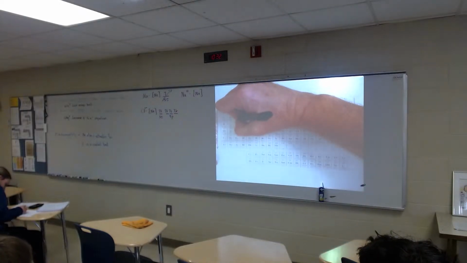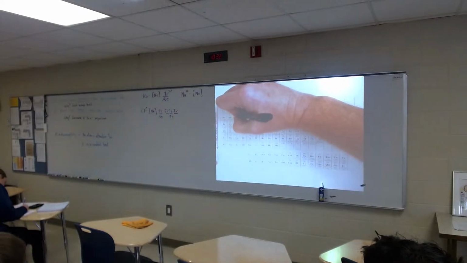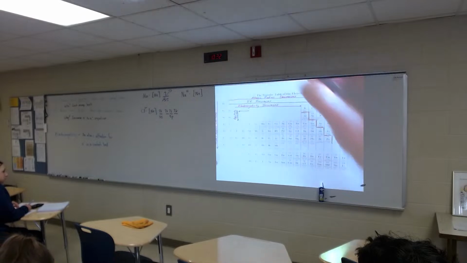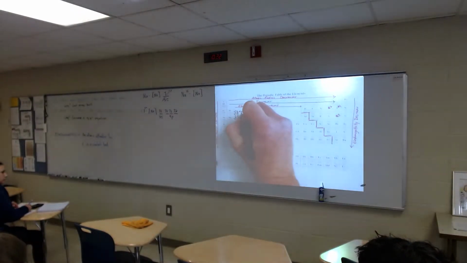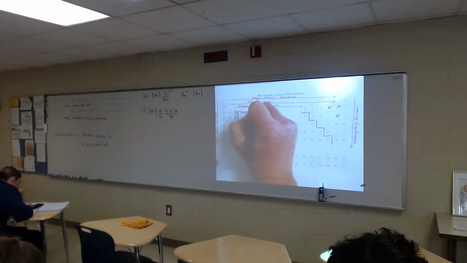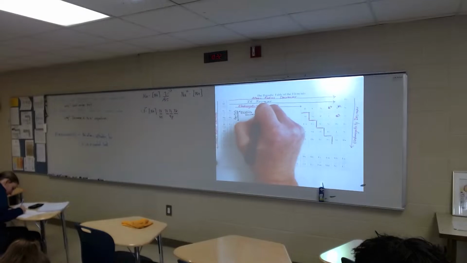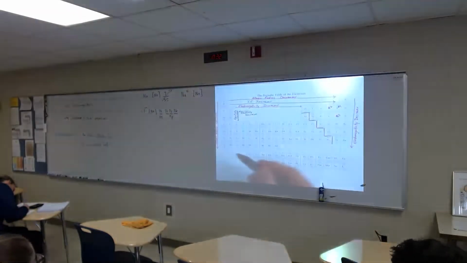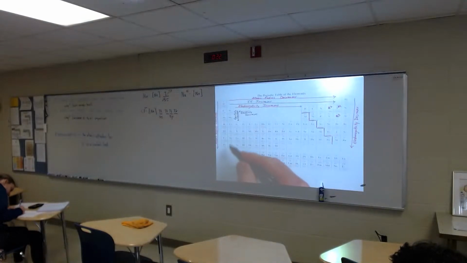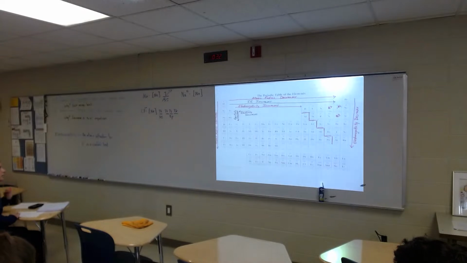I know my periodic table's getting kind of crowded here. So for metals, reactivity increases left and down. That makes francium the most reactive metal. For non-metals, it's the opposite.